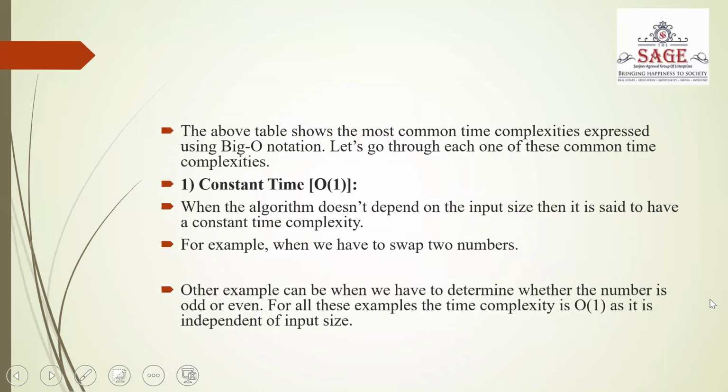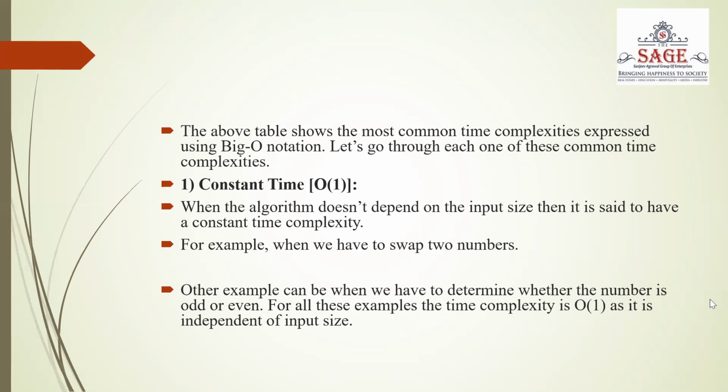The above table shows the most common time complexities expressed using big O notation. Let's go through each one of these common time complexities. The first one is constant time. When an algorithm does not depend on its input size, then we can say it has a constant time complexity.